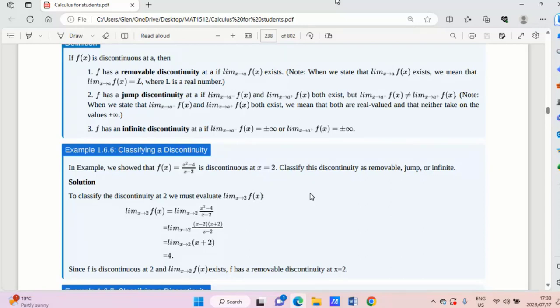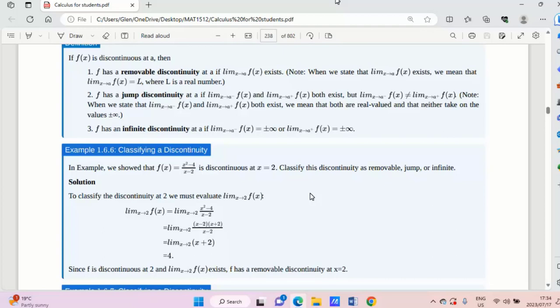I was speaking in terms of using that method to identify, before you start jumping into removable, jump or infinite, you first have to discover if it is continuous, right? We have x minus 2 and we are told it is discontinuous at x equals 2.